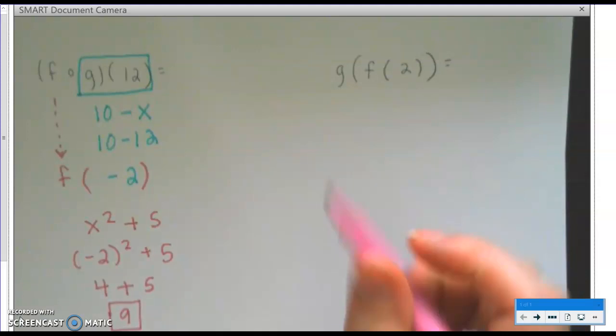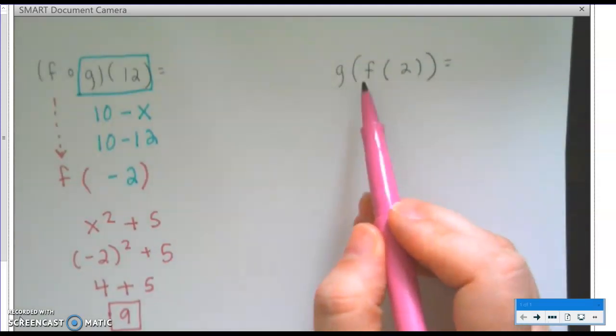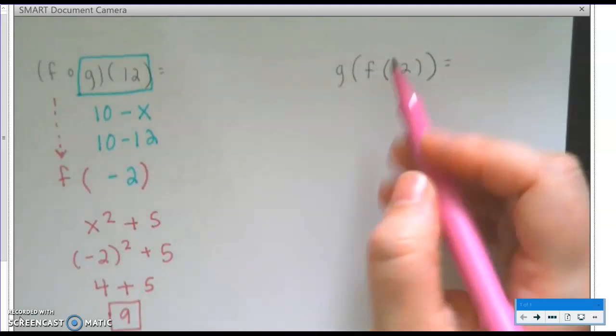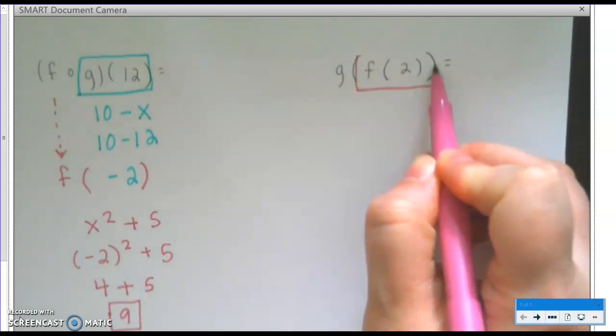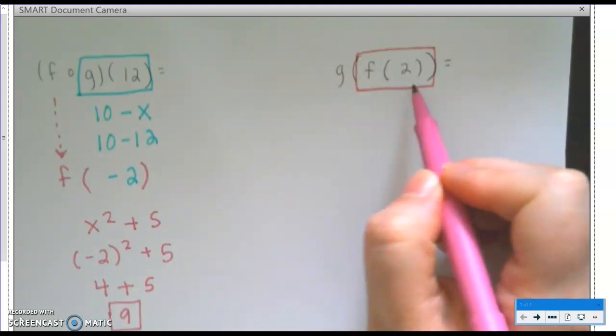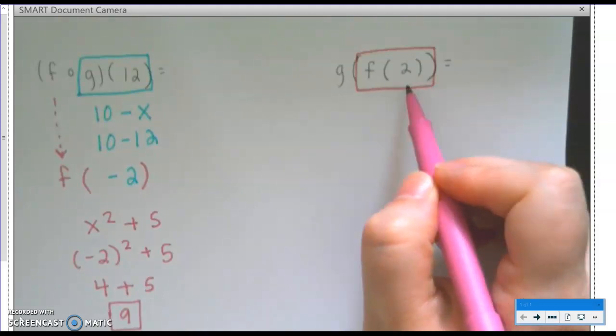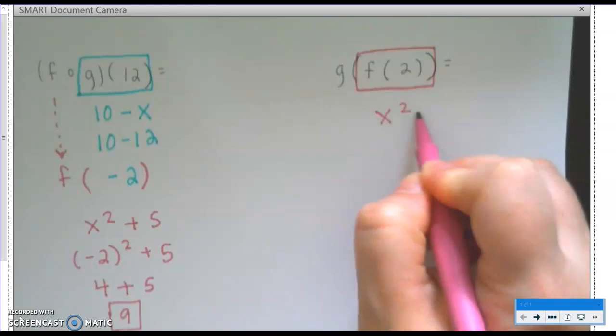All right, the next one. So pay attention to the order. This one is saying g of f of 2. So in this case, I'm going to find f of 2 first because it's the closest to the number that I'm plugging in, and we start with whatever's all the way to the right. All right, so again, my f of x function is x squared plus 5.